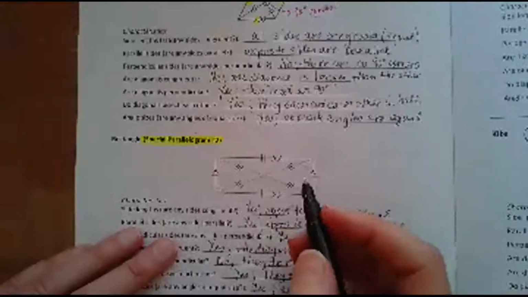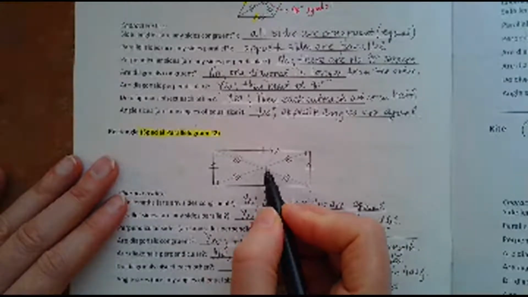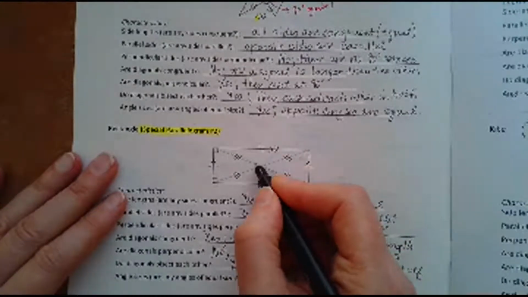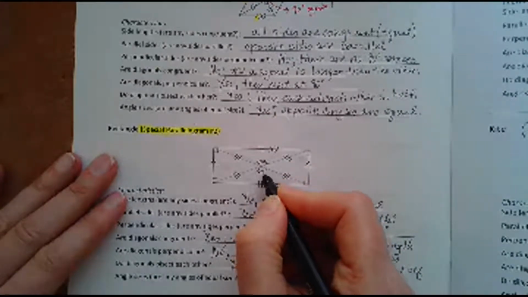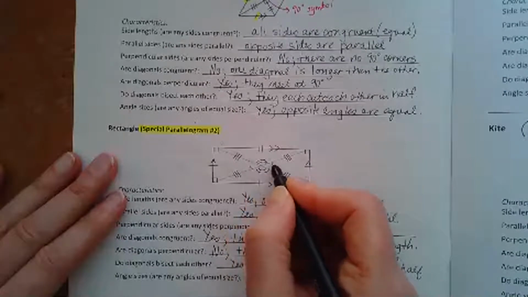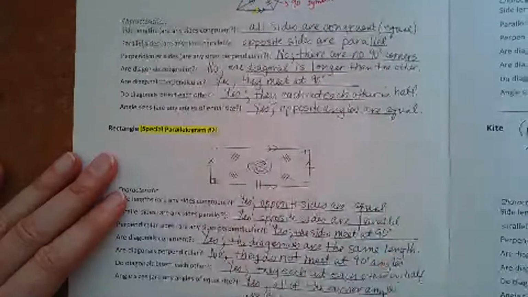So the diagonals for sure bisect each other, but the interior angles themselves are all different sizes. You can see that these two angles are equal to each other, these two angles are equal to each other. So opposite angles are equal, but they're not all the same.